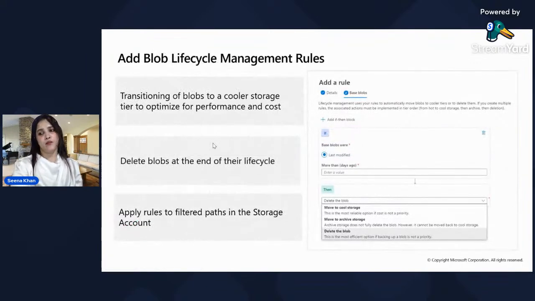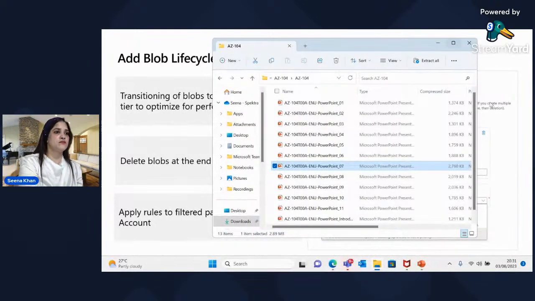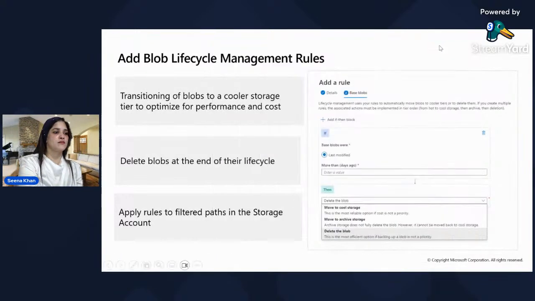Now, add blob lifecycle management rules. Every data set has a unique life cycle. Early in the life cycle, users tend to access some of the data in the set, but not all of it.